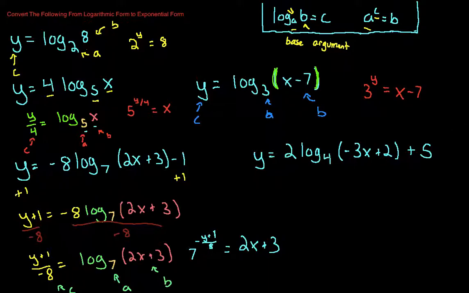Now, please try this last problem before I give you the solutions. Okay, I'm going to work out the solutions for this one. First I'm going to subtract 5 from both sides. I'm then going to divide both sides by 2.